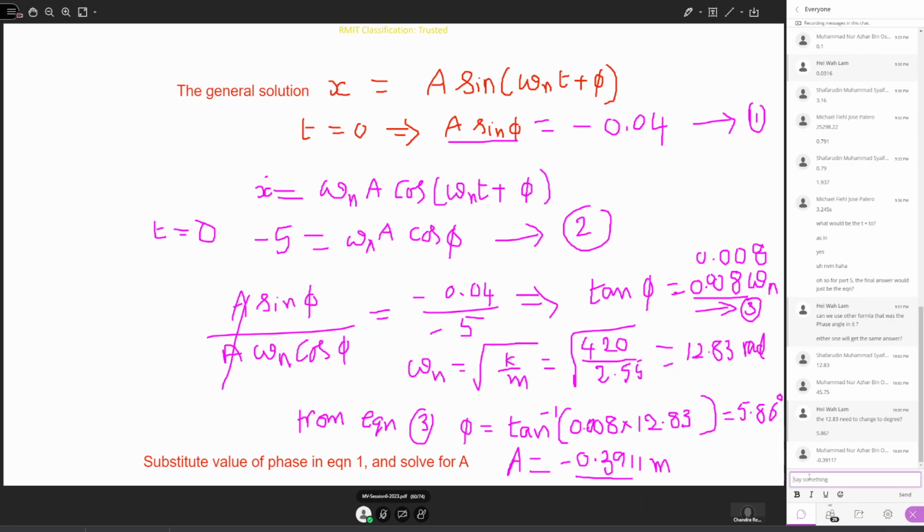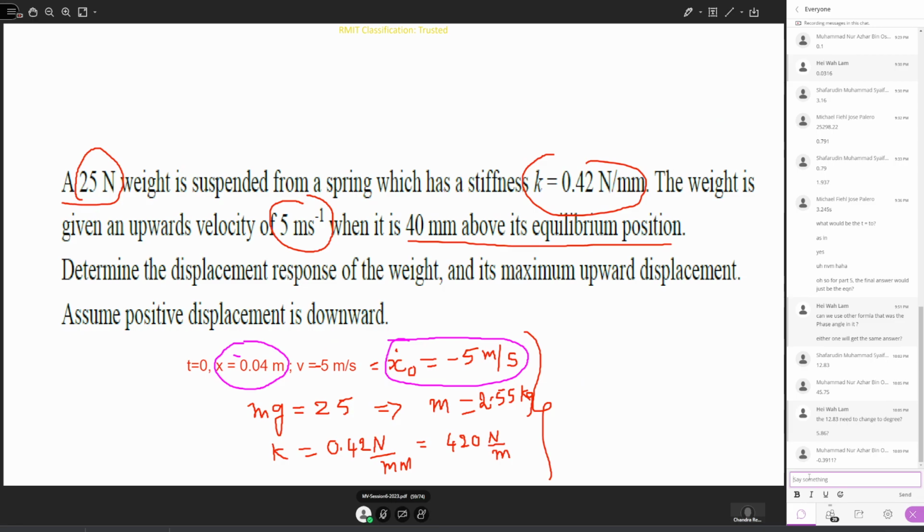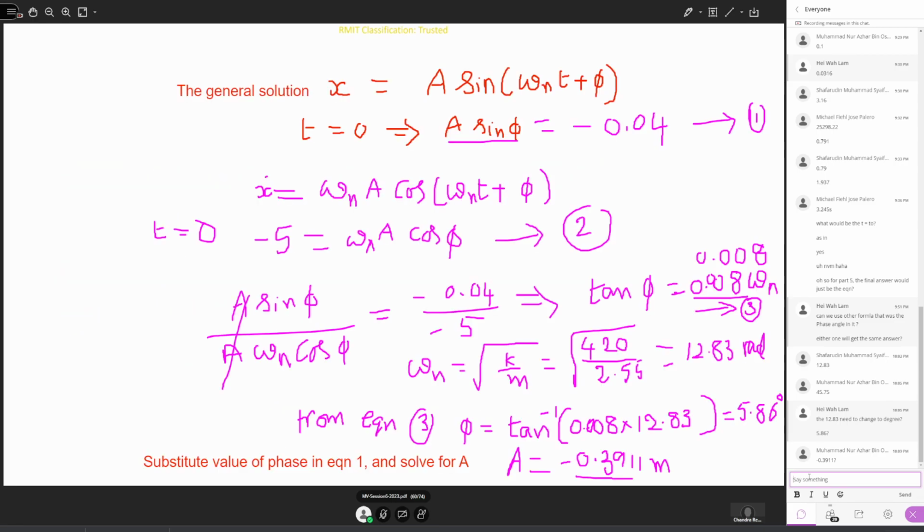Then the equation of motion, you need to substitute. Now substitute everything in this, and you will get the equation of motion. For A, you substitute negative 0.39 sine, then for omega n, you substitute 12.83, and for the phi value, you substitute 5.86 degrees.